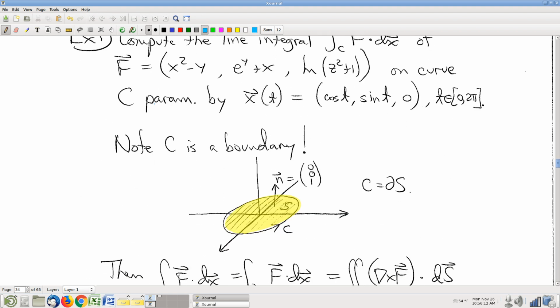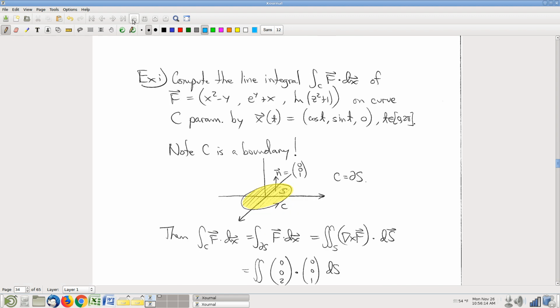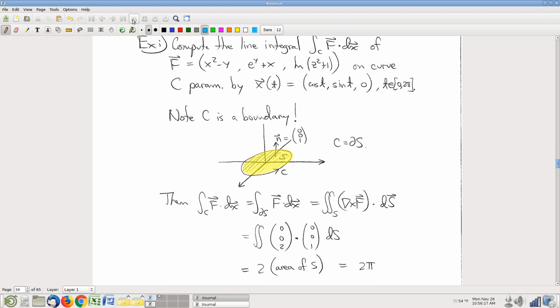Here's the curl, and that's again just a calculation, right? Algebra. We have formulas for curl, discussed back in 15.1. By the way, make sure that you're clear on what the formula for curl is. Again, back in section 15.1, you can memorize the expanded form formula if you like.